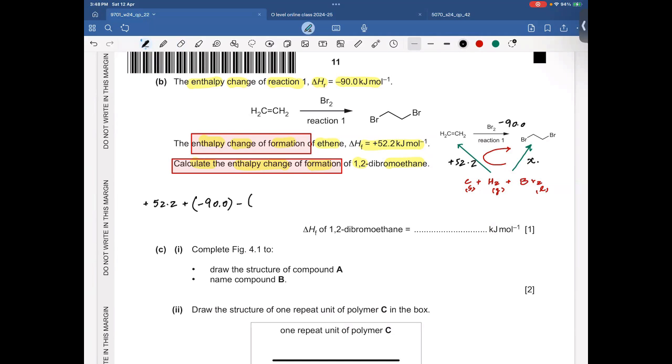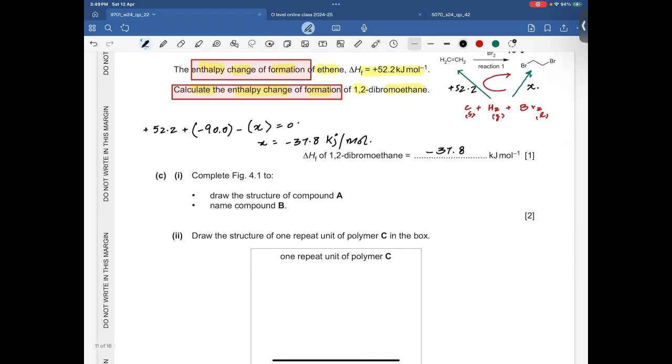Then minus X equals 0, then X is going to be how much? Minus 37.8 kilojoules per mole. All right. Minus 52.2. Yeah.